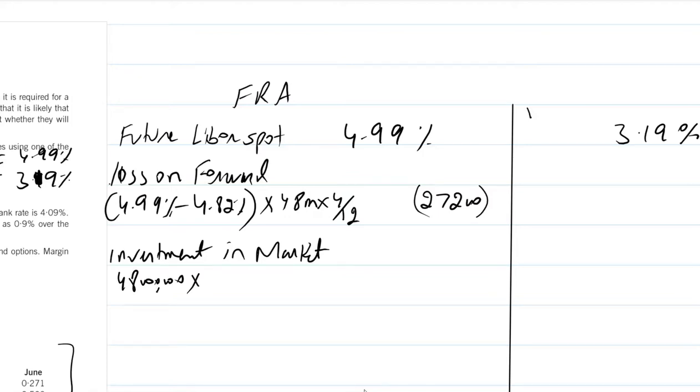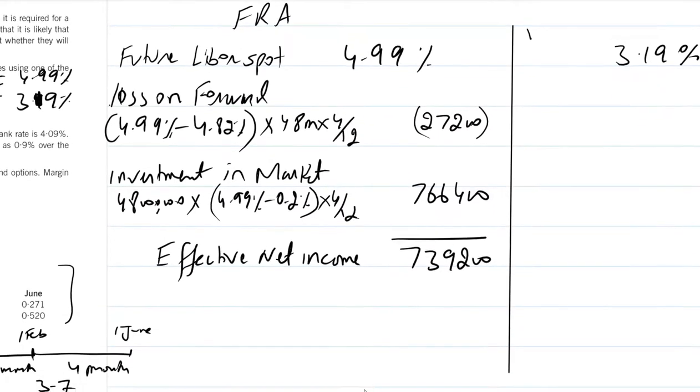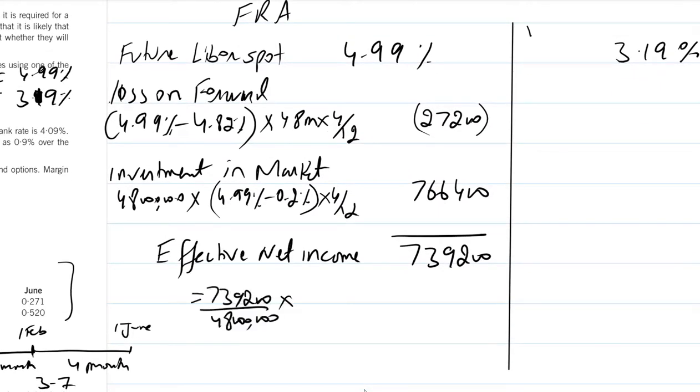We will invest at future spot rate 4.99% minus the 0.2 spread, and we will invest for a period of 4 months. It will be 766,400. So effective net income will be 739,200. And it will be equal to 4.62%.